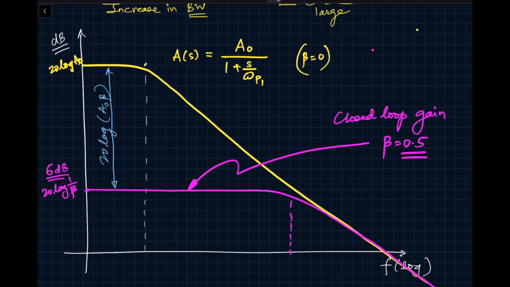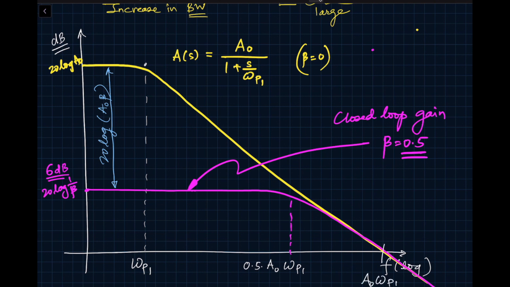The original omega P1 is right here, and here is the new one, which will be equal to 0.5 times A0 omega P1. And if you remember, in the first or second or third lecture, we had done the unity gain frequency response. And there we said that it was the gain bandwidth product, which is right over here, which is A0 times omega P1.